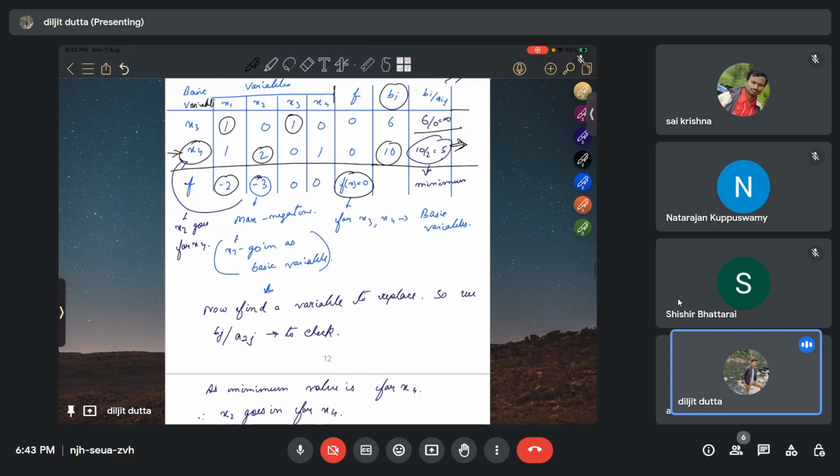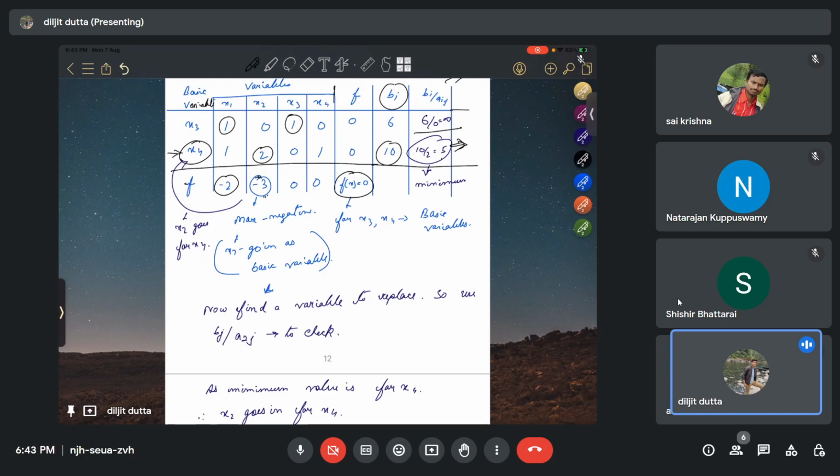Initially, the value corresponding to x2 in the objective function was -3. Now we have to do the row operation of the third row with respect to the second row, because here we need the coefficient of x2 as 1 in the second row and as 0 in the third row, that is the objective function.